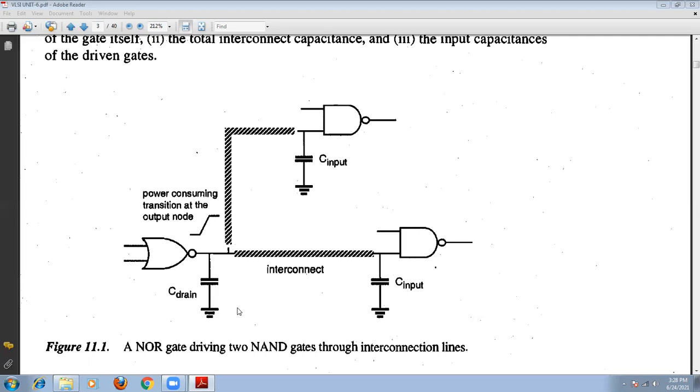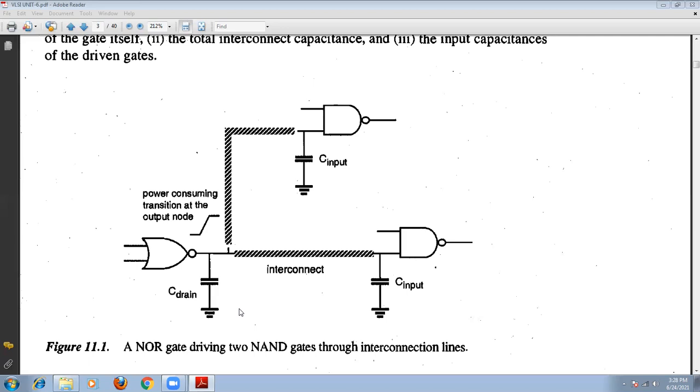Similarly, another thing in this case: no power is drawn from the power supply during the charge-down phase. That means when the pull-down transistors are in the on condition, no charge is drawn from the power supply, because the pull-up transistor is off and the pull-down is on.